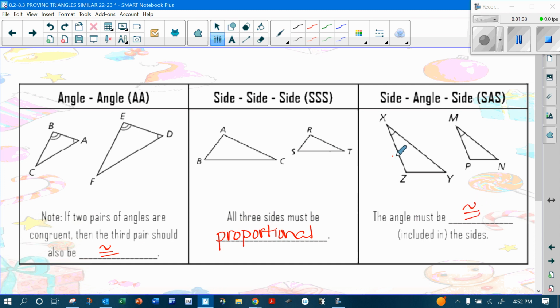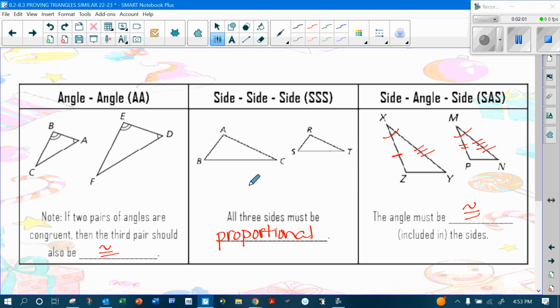So if this side is proportional to this side, and this side is proportional to this side, and this angle is the one that's congruent, then it's going to be side angle side. Okay, so it's all about the markings, just like before.